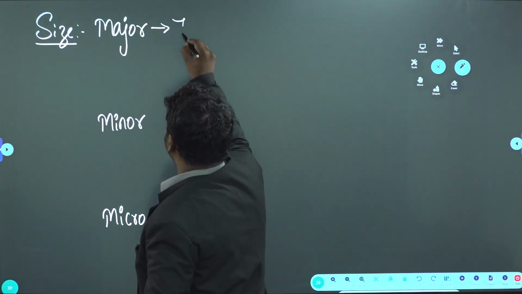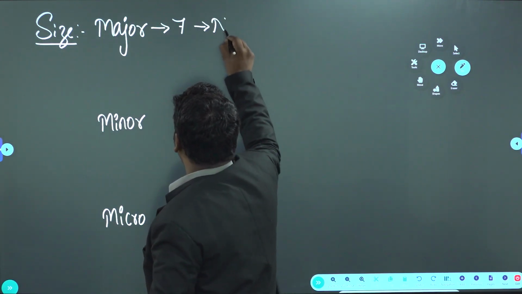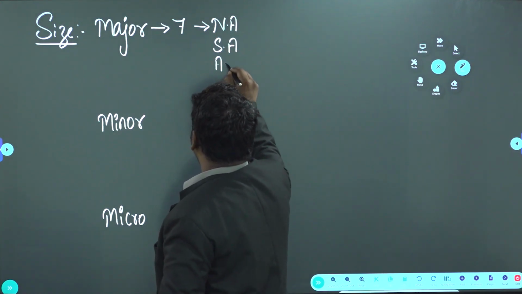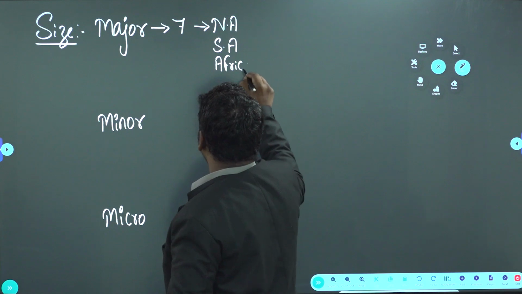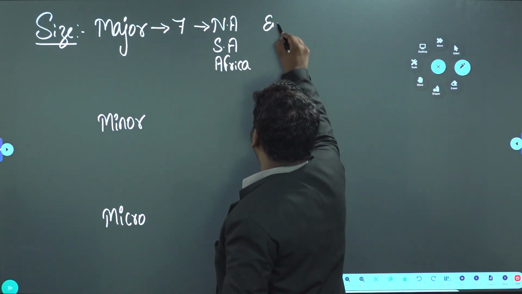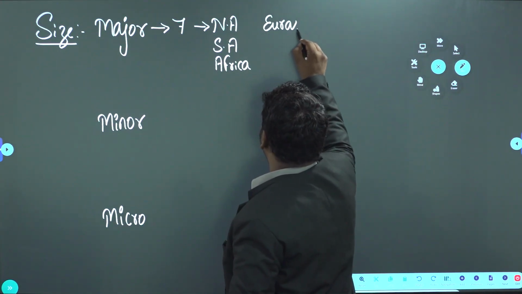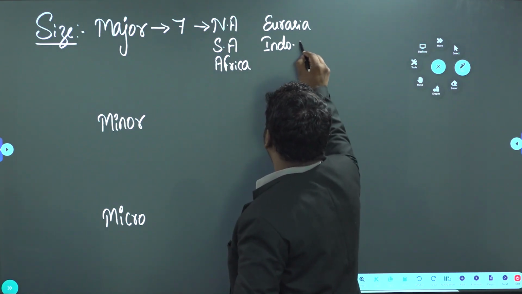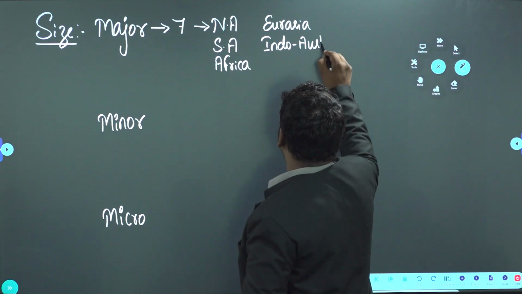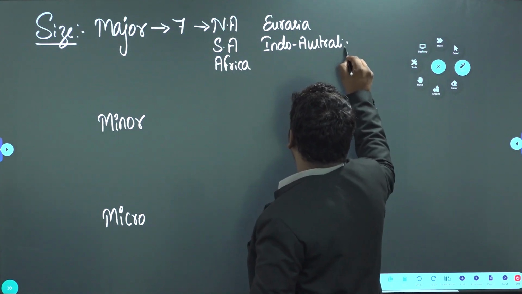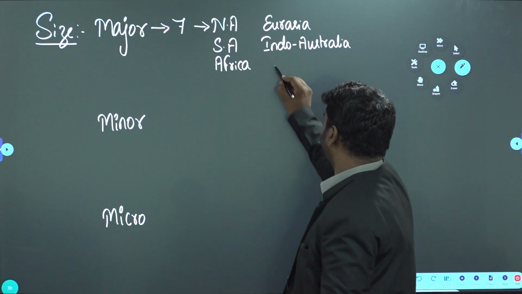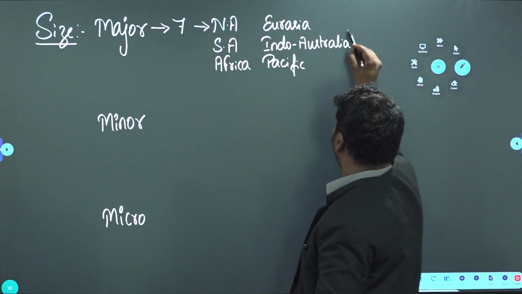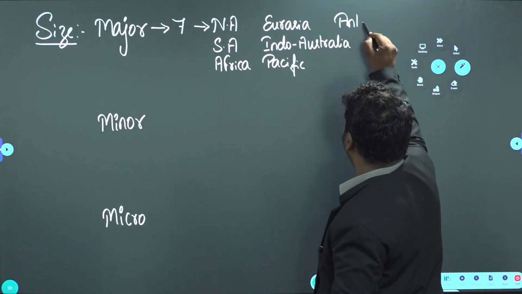Major, 7 are there. North America, South America, Africa, Eurasia, Indo-Australia, Pacific and Antarctic.